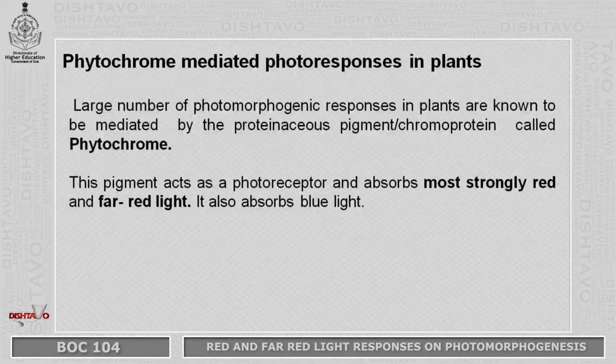Before we focus on that, we shall first see what is phytochrome. A large number of photomorphogenic responses in plants are known to be mediated by the proteinaceous pigment, the chromoprotein called phytochrome. Now this pigment acts as a photoreceptor and it absorbs most strongly, please note most strongly, red and far red light.